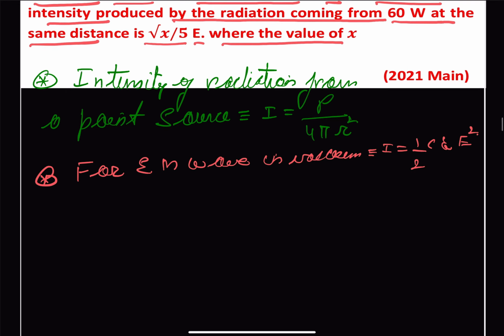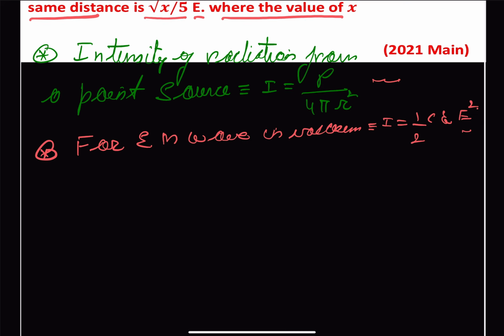Therefore, if we combine these two formulas, we can write in terms of proportionality that our electric field is proportional to square root of I, and it is proportional to square root of P upon r square. And in this particular question, we are given that the distance is same. So r is same.